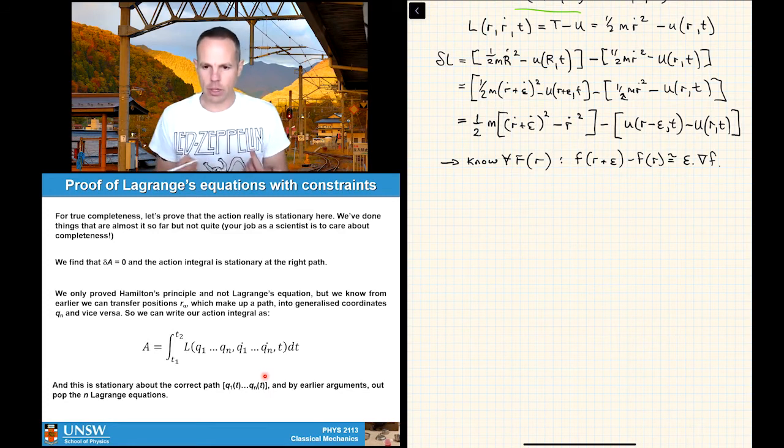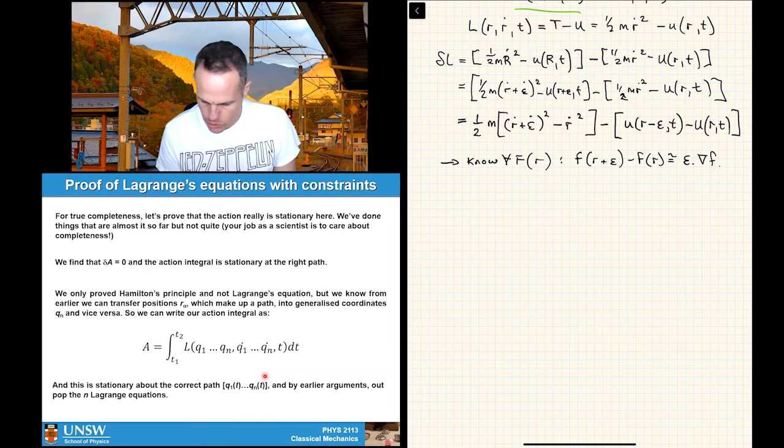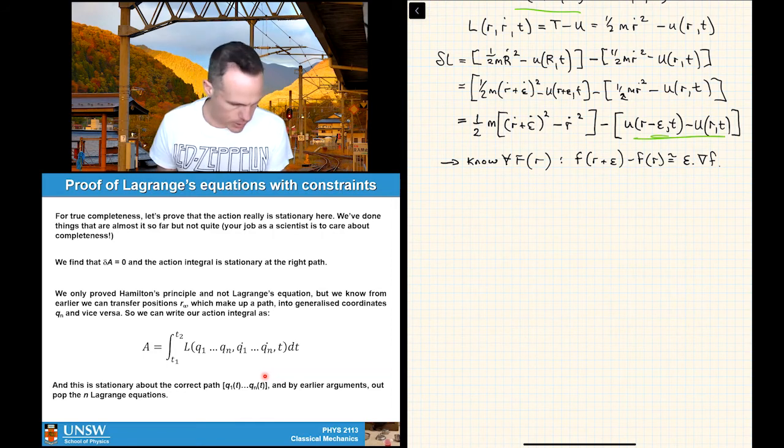This is something you've done in your vector calculus classes. We're going to use that to clean up this potential term on the line above into something we can work with as a vector calculus term.